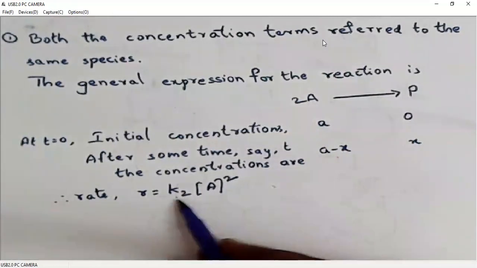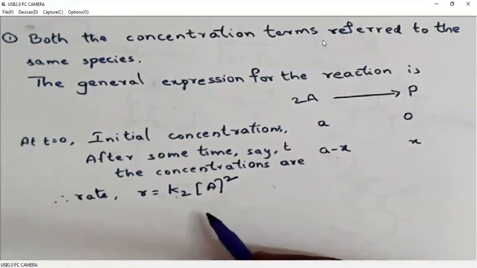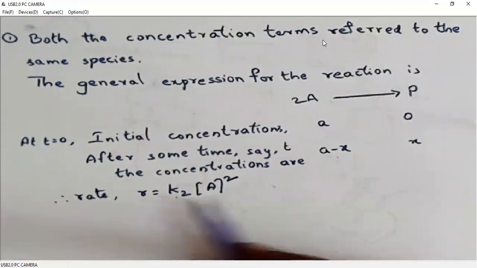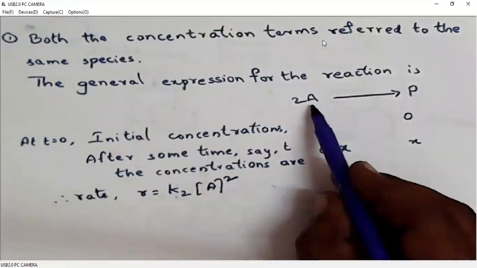So this is the rate expression, that means the rate law. So the second order rate law is R equals k2 into A square, if the two concentration terms refer to the same species.